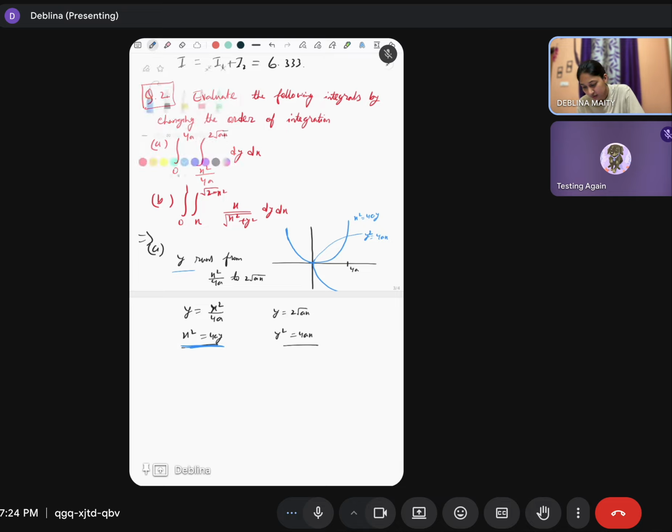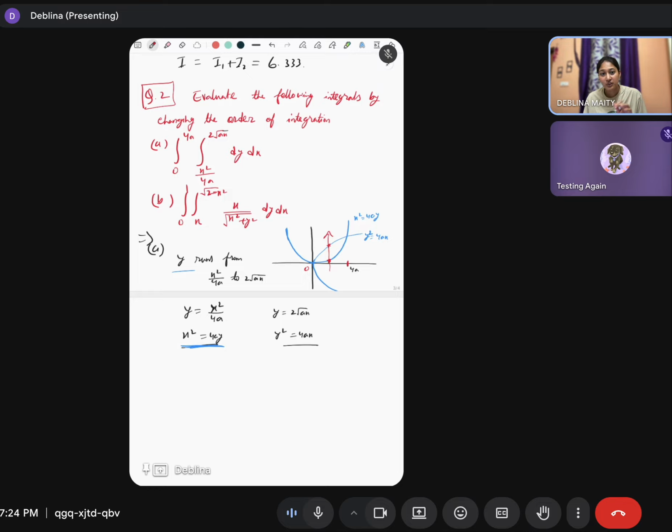So what we are given is that in this direction, x runs from 0 to 4a, and y runs from the curve x square equals to 4ay to this point. In this direction the problem is given.